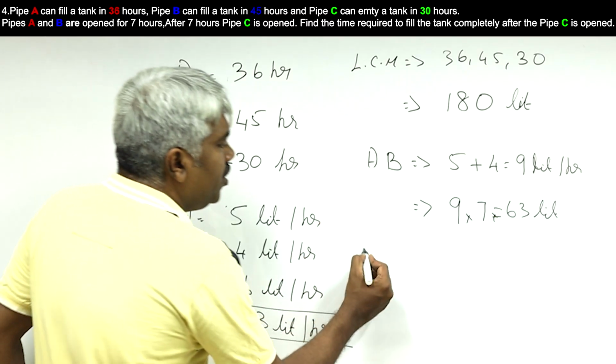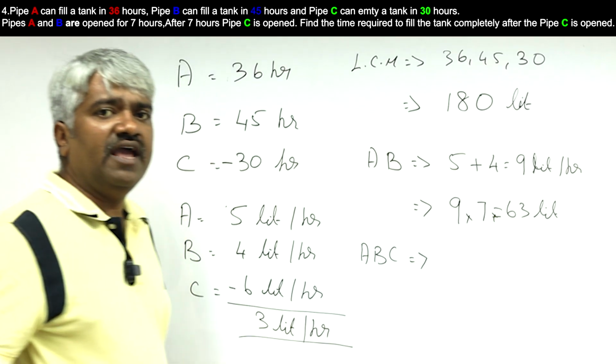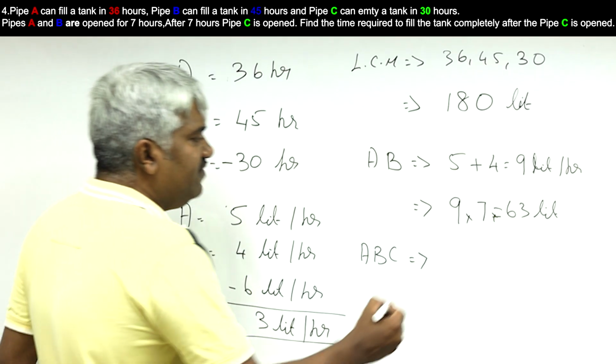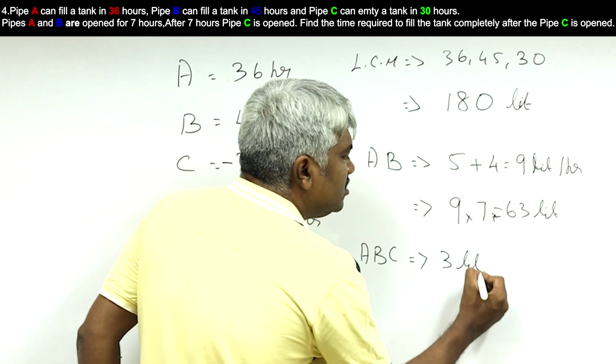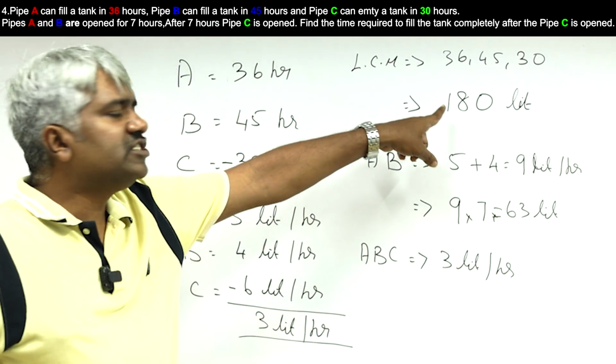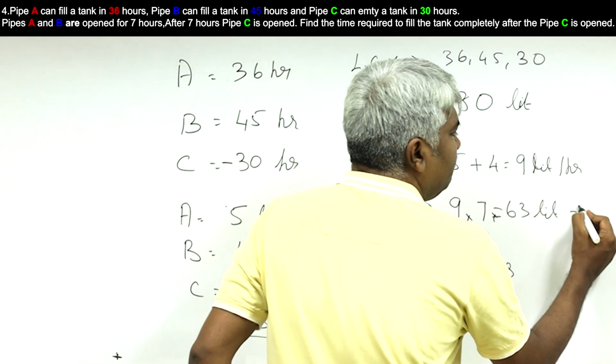Now, I am going to open pipe C along with this. Already, I have said to you that when all the pipes are open together, they will fill 3 liters in 1 hour. Now, the total capacity of the tank is 180 liters. Already 63 liters is filled.